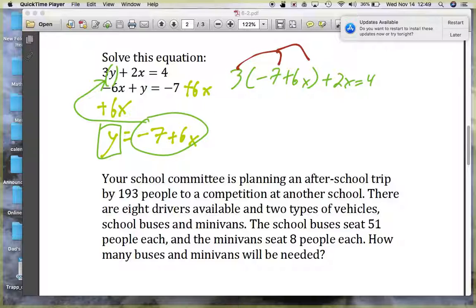So then we distribute. Put those together. Don't ask me what I'm doing there.